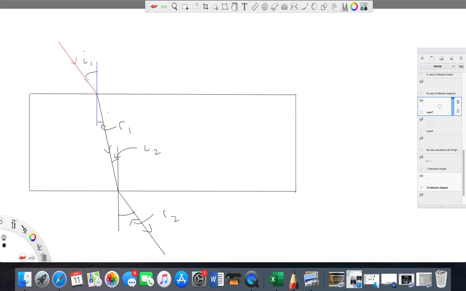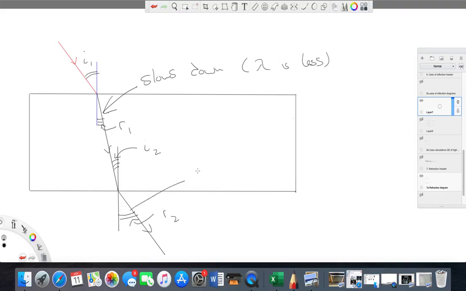This angle and this angle are the same, and this angle and this angle are the same. By geometry from your maths you can see that, but you can see it bends towards the normal here, so it slows down. That's what that tells you, which means lambda is less.